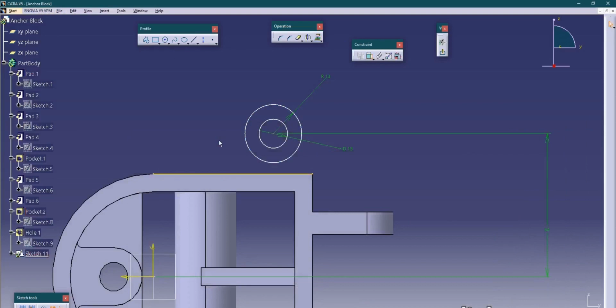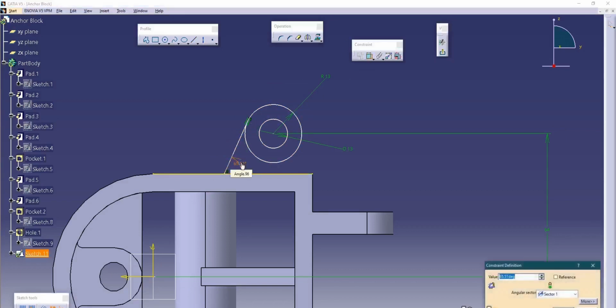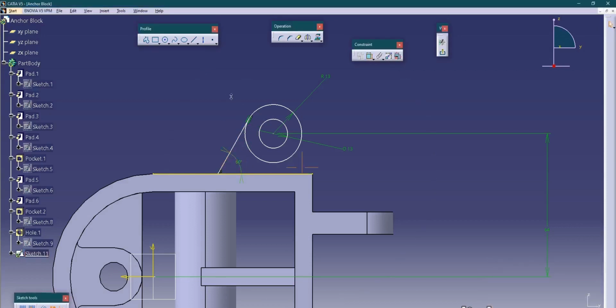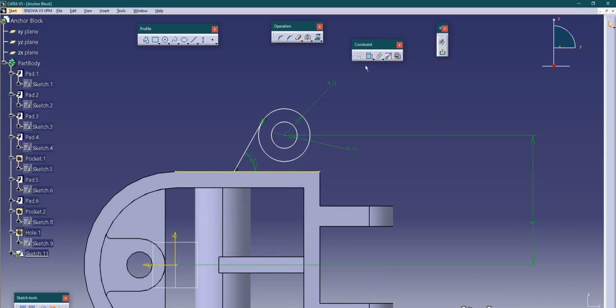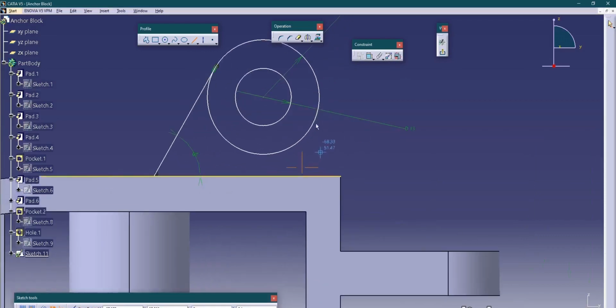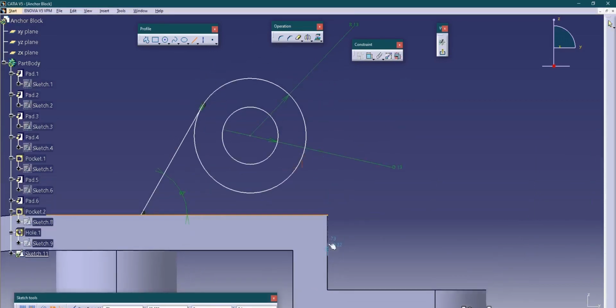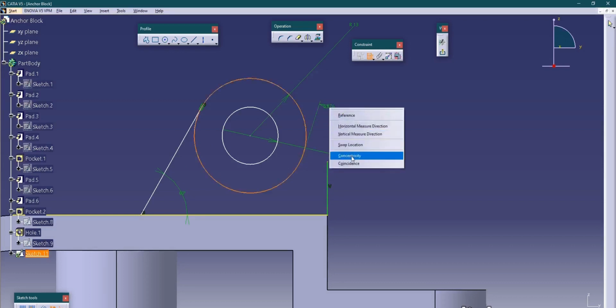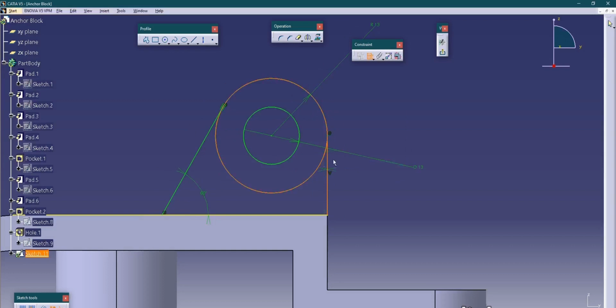Projecting this, make it tangent and provide the angle. Okay. Now taking a line which is collinear to this edge, actually this would be coinciding with this circle, and tangent to the same.